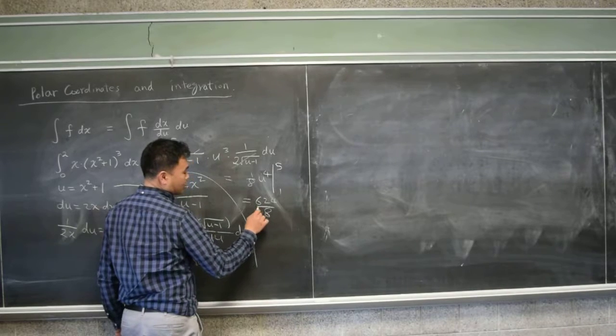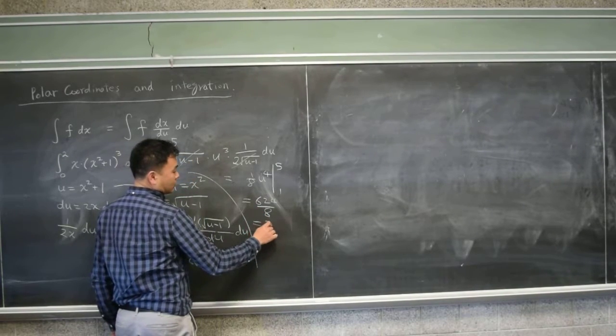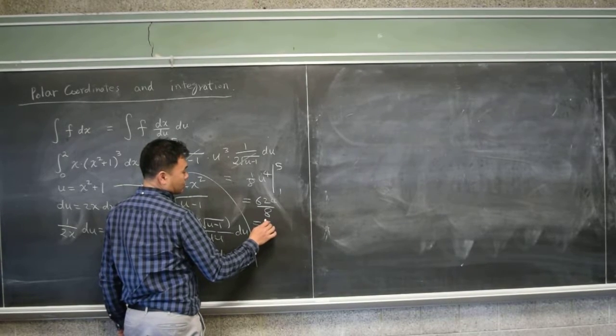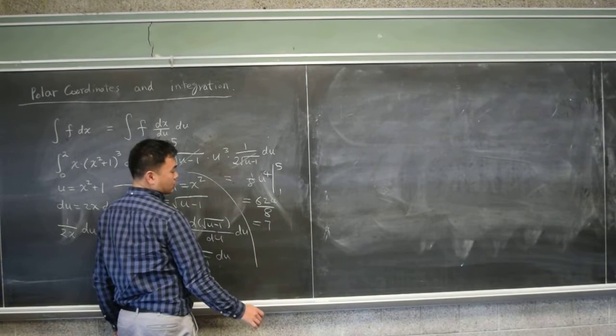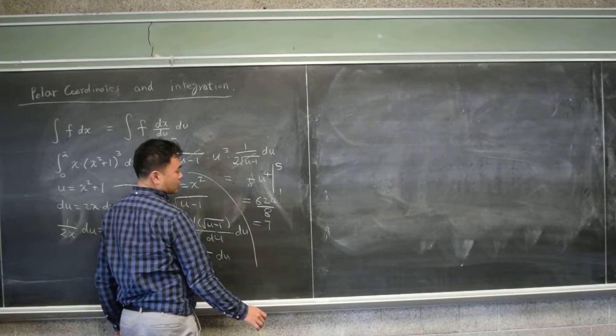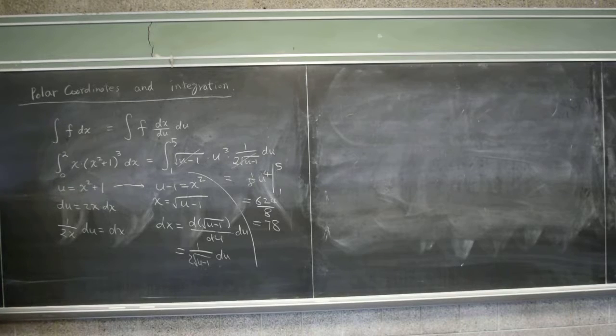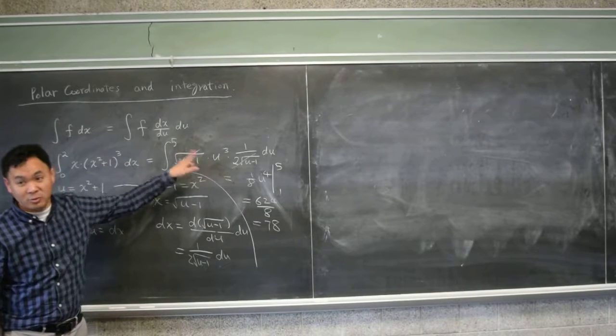That's 78. That's what you get. And if you do it the traditional way of doing the u substitution, you'll find that the integral you get is exactly the same as this one.